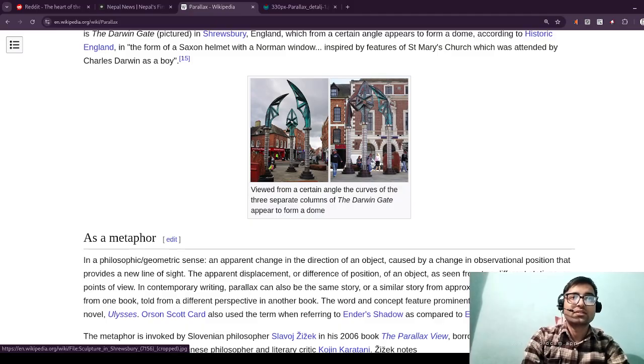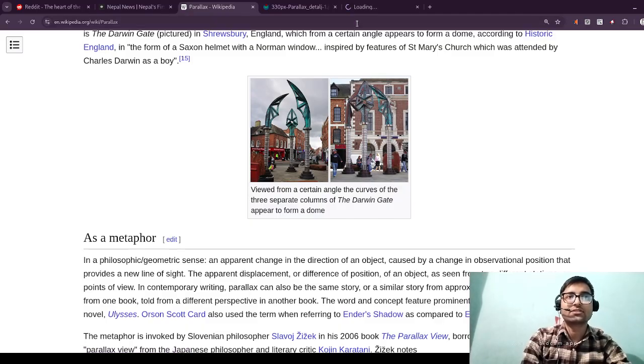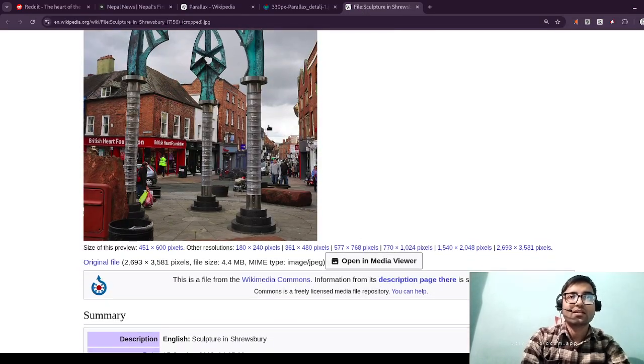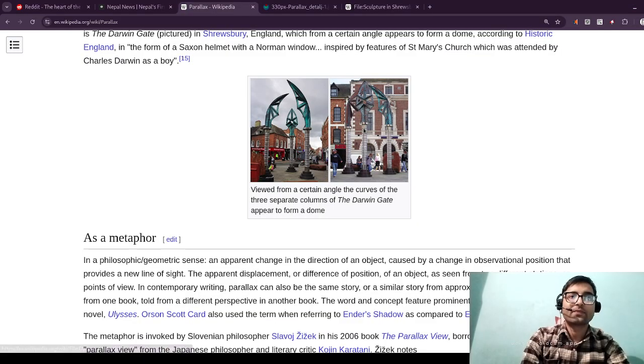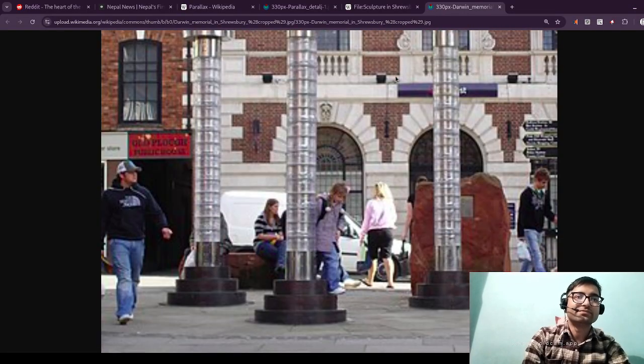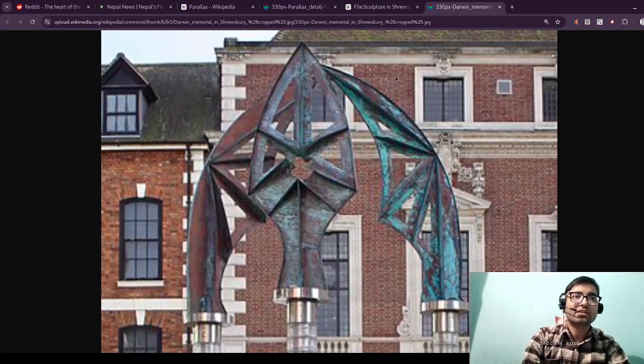Okay, same picture, different effect. I don't think so. Or is it? Okay, here the picture is no longer a dome.